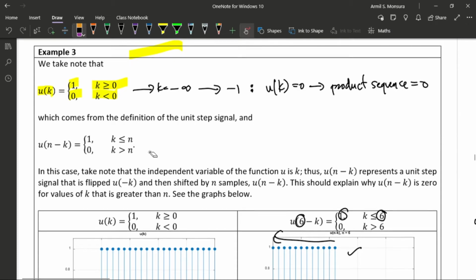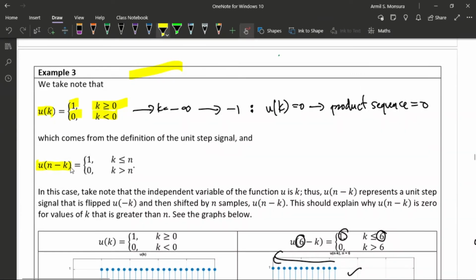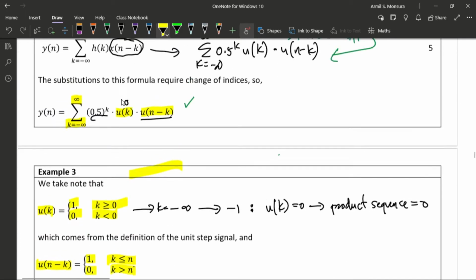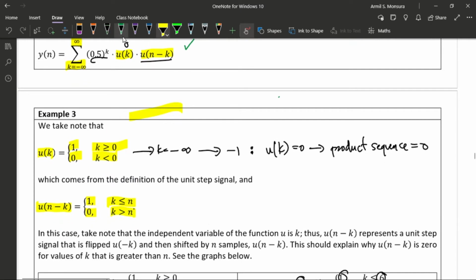So ngayon, ano ang gagawin doon sa signal natin? Pag ang value ng k nyo ay from negative infinity hanggang n, ang magiging value ng signal nyo ay 1.